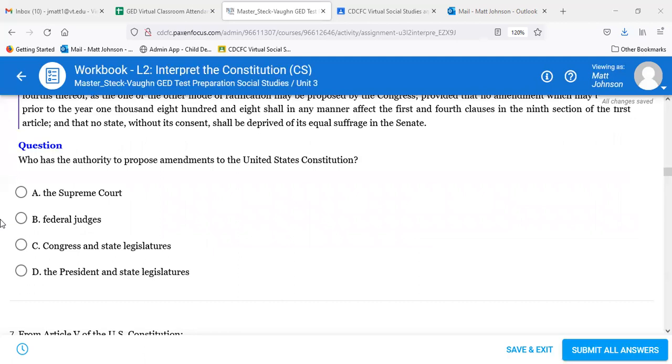A, the Supreme Court. B, federal judges. C, Congress and state legislatures. D, the president and state legislatures.